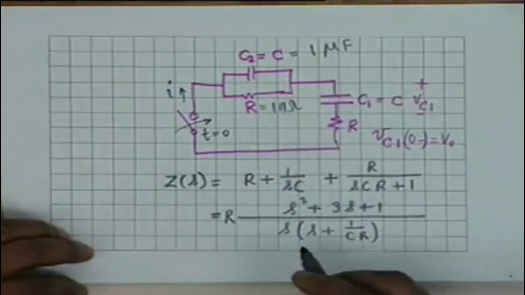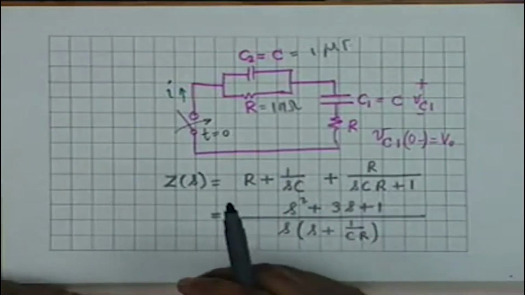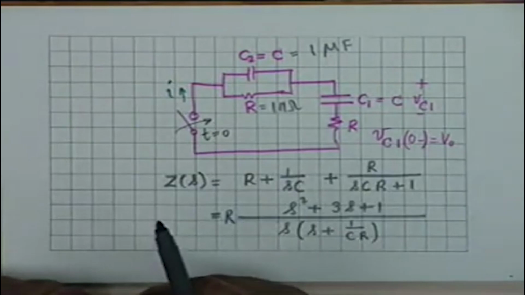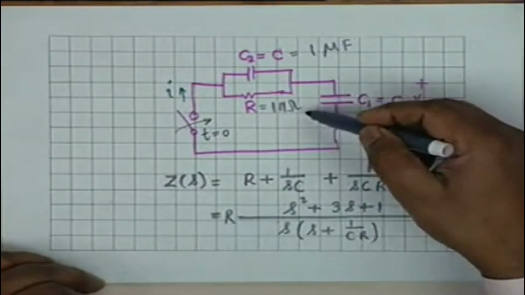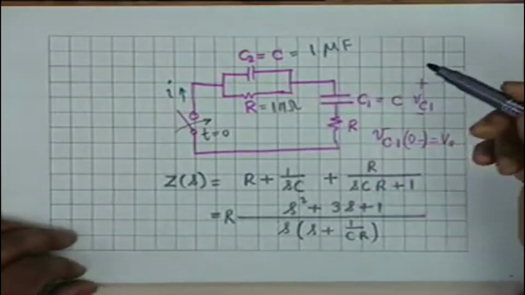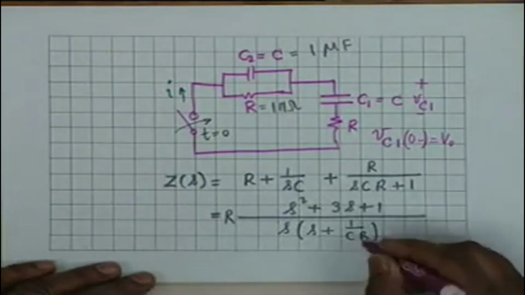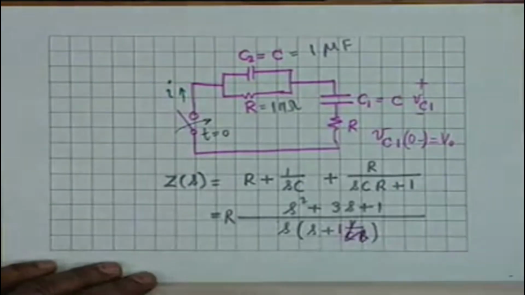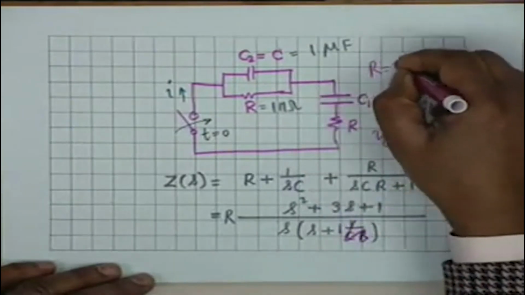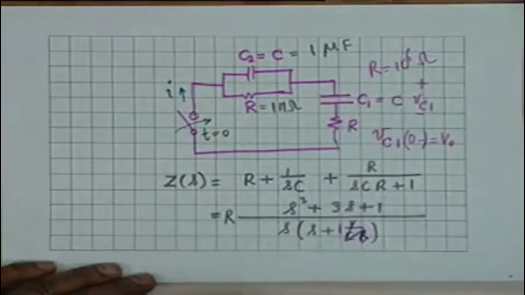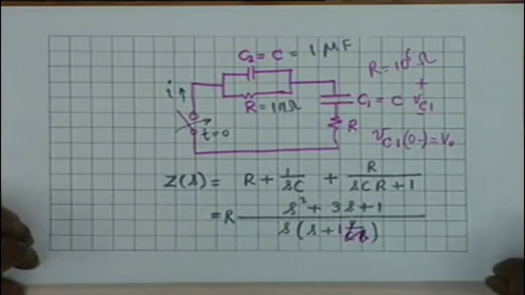So the product RC is equal to 1 second. Then this should be equal to 1. R is 1 meg, 10 to the 6 ohms. Meg is mega ohms, that's correct.